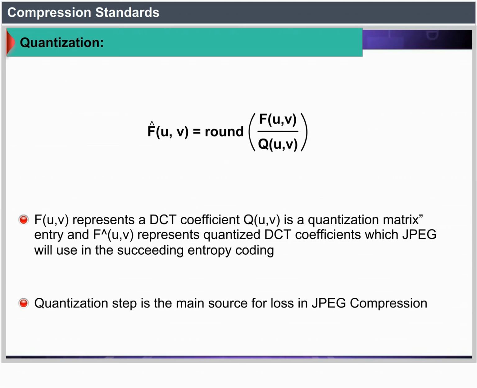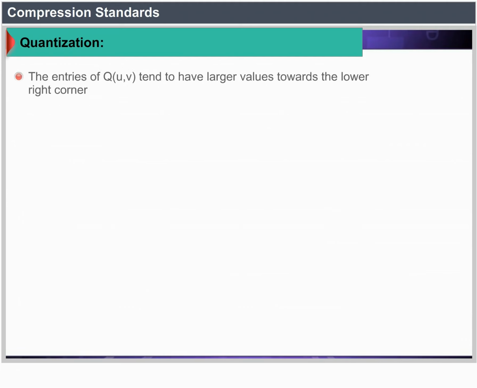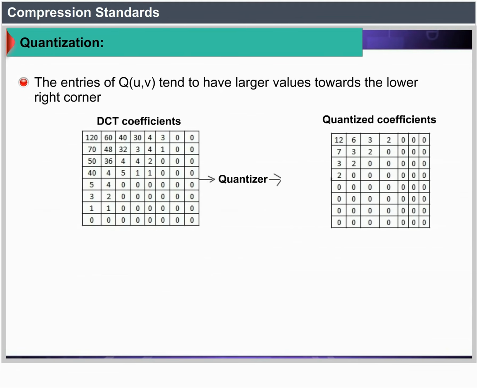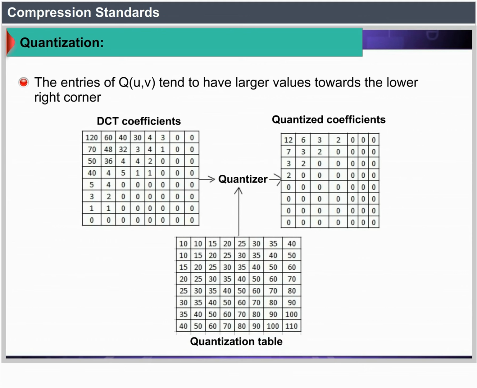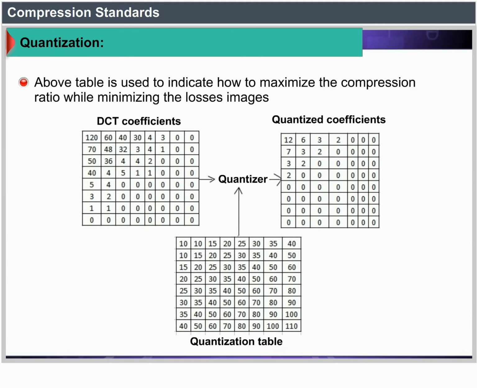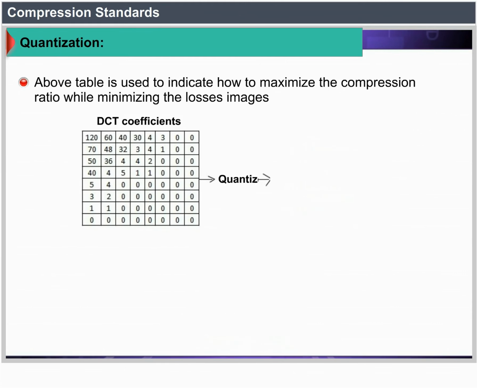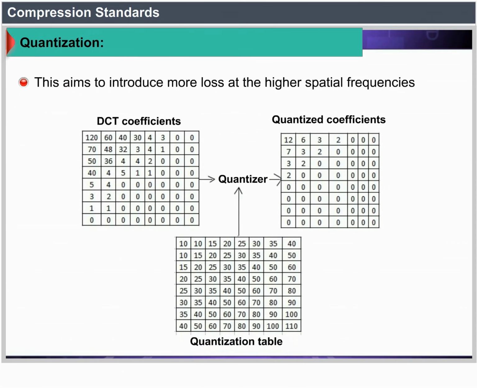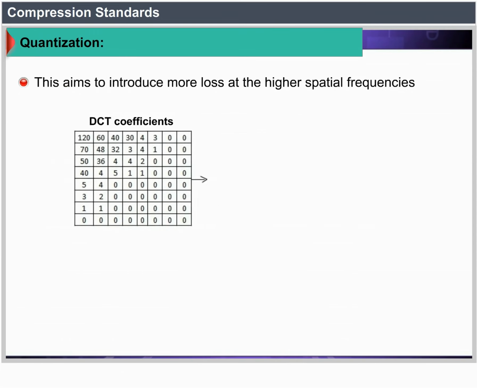The quantization step is the main source of loss in JPEG compression. The entries of Q(u, v) tend to have larger values towards the lower right corner. The table is used to maximize the compression ratio while minimizing the losses. This aims to introduce more loss at the higher spatial frequencies.